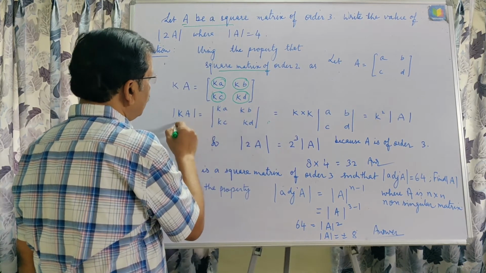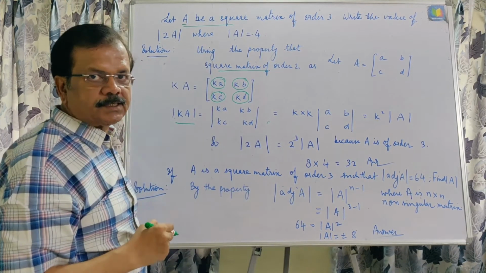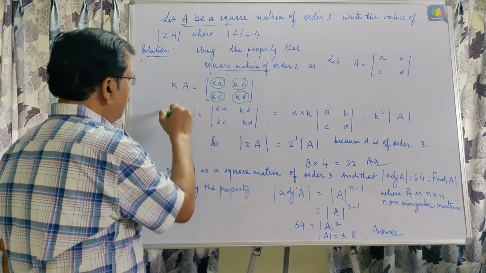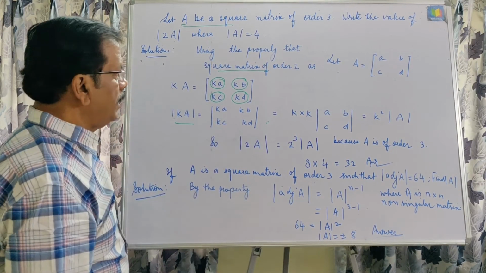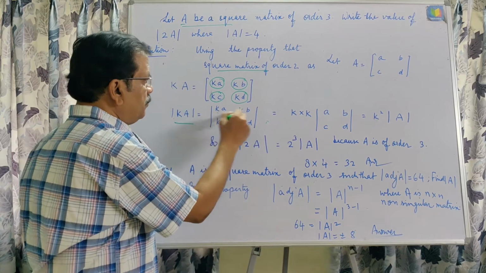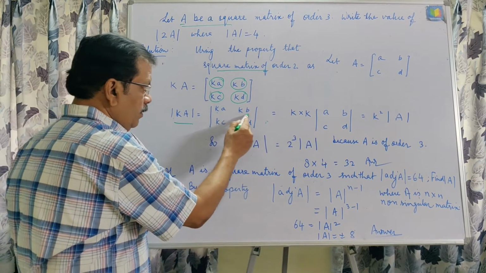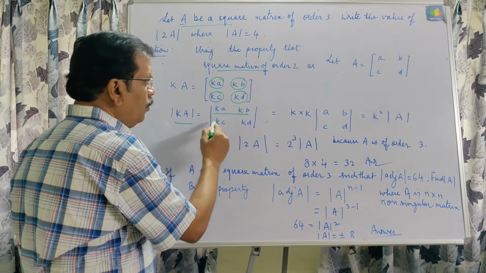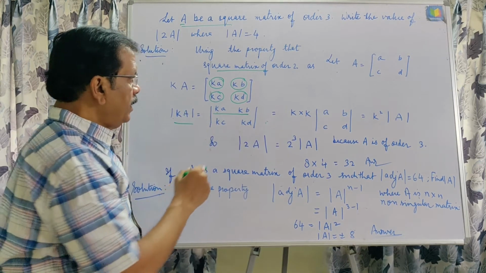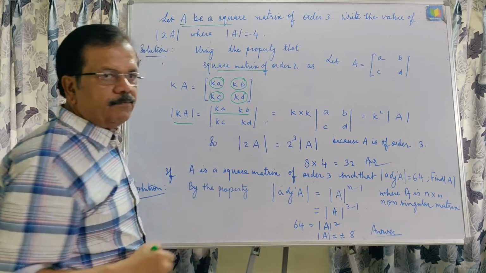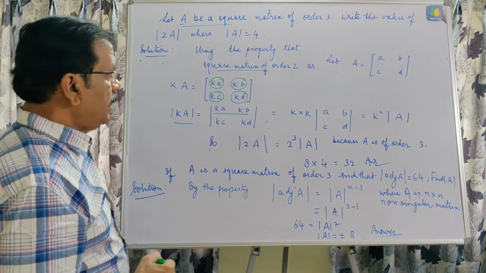But in case of the determinant, if we write determinant of KA, that is equal to the determinant of this, and in a determinant from any row we can take K common, or from any column we can take K common.